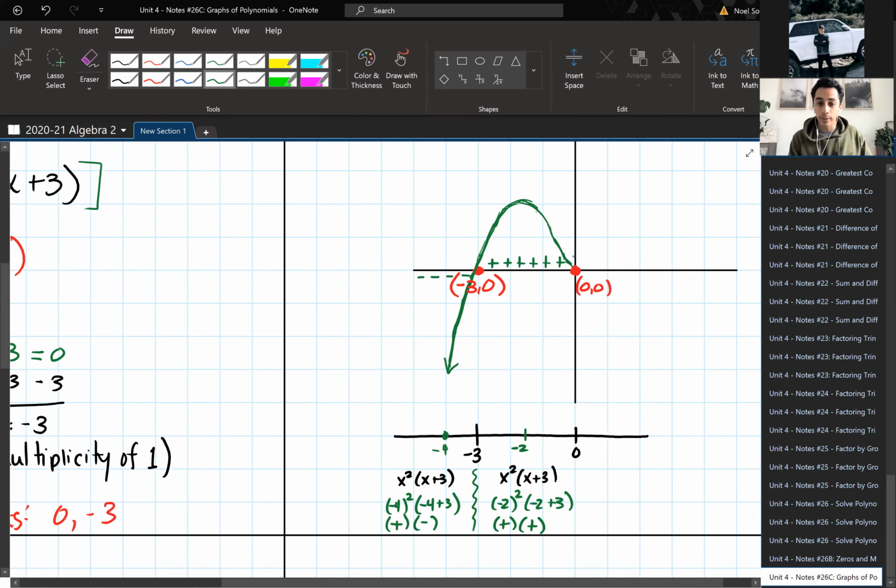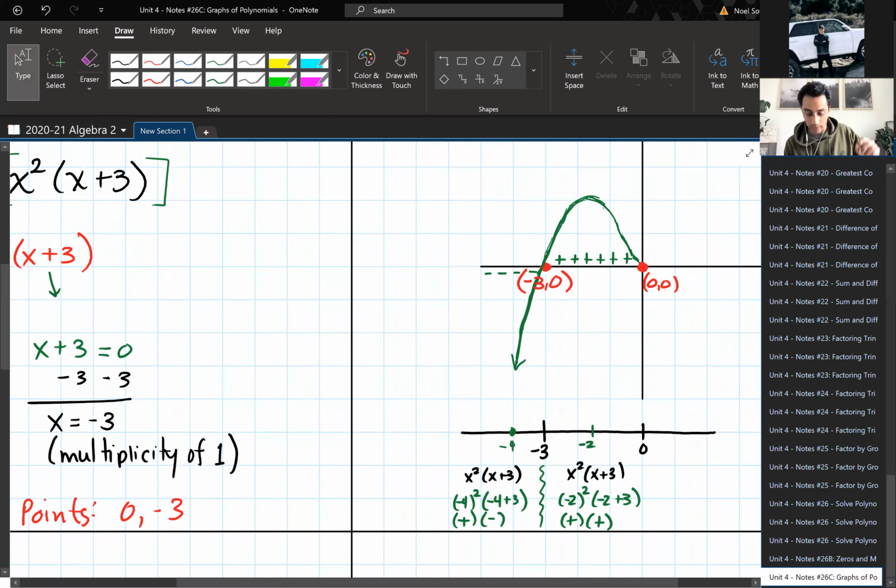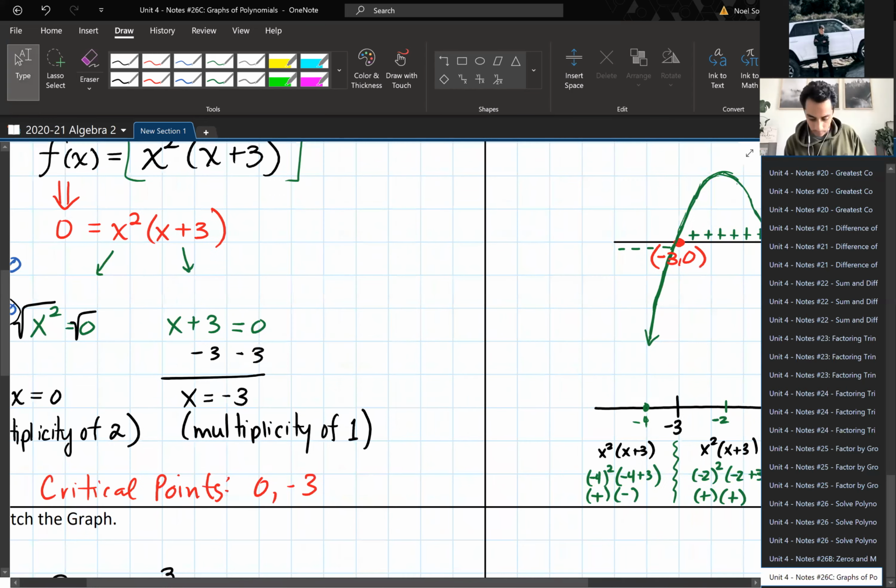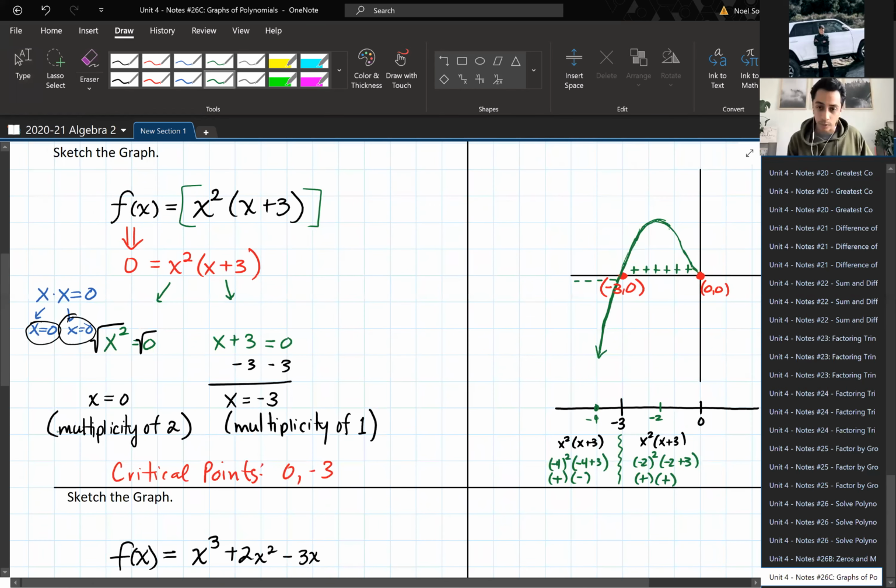All right. And then we need to make a decision. When I get to 0, is my curve going to cross or is it going to bounce back? What's the multiplicity at x equal to 0?